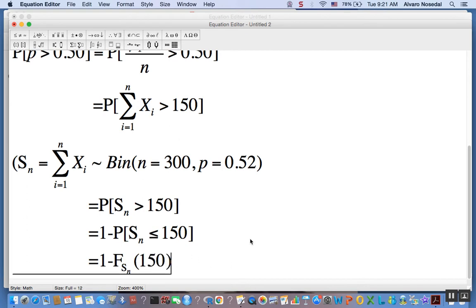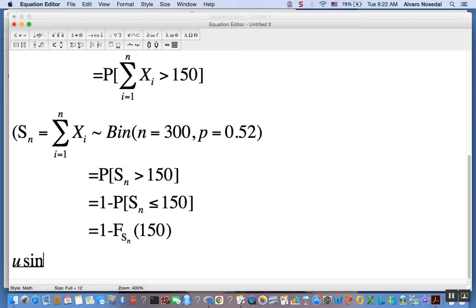Why do I care about that? Because using R, I can easily evaluate the CDF of a popular distribution like a binomial with a built-in function. So let's use R to find that probability.